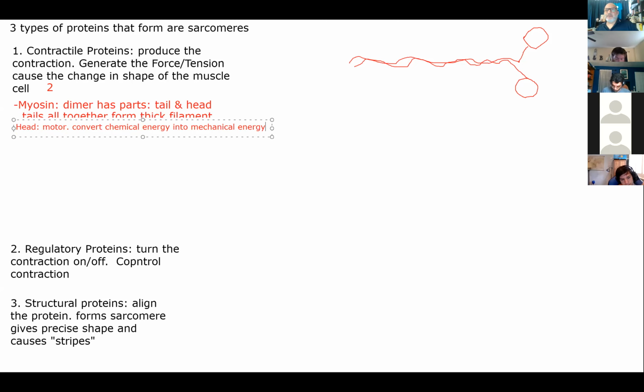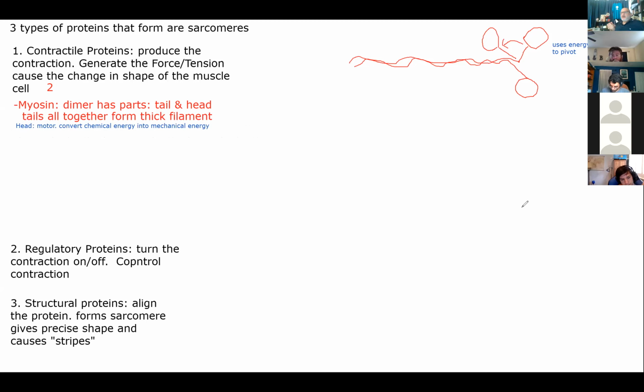And when it does that, it uses the energy from an ATP to pivot. So basically what happens is this head pivots forward. Basically it grabs and pulls.